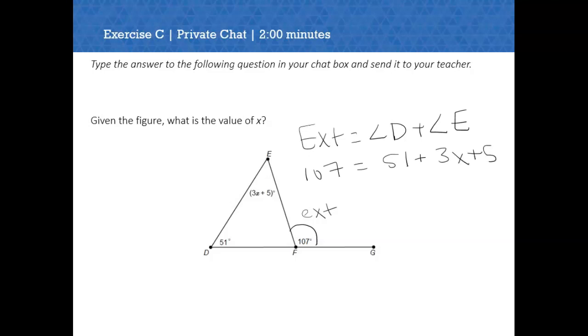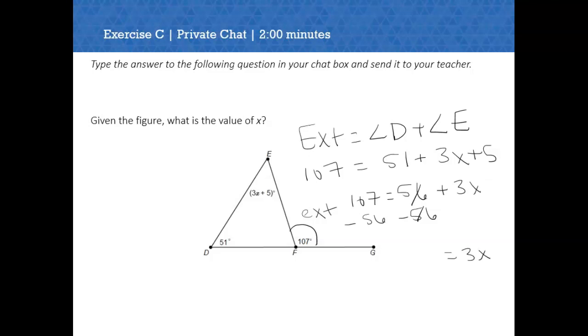So now we use our algebra skills to solve. We combine like terms, so 107 equals 51 and 5 are like terms, so 56 plus 3x. We move the constants, those are just the plain numbers, so we need to move this 56, so we subtract 56 from both sides.